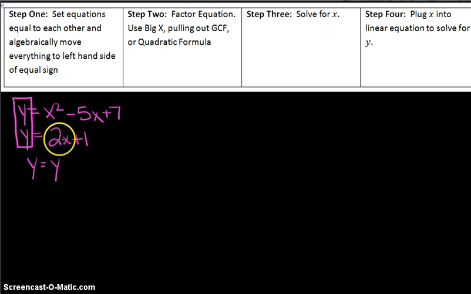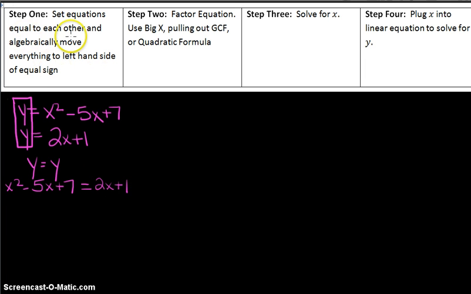So we're simply going to substitute in what y is equal to for this first y. Y is actually equal to x squared minus 5x plus 7. So we're going to put x squared minus 5x plus 7, and then equals, and then the second y. Well, y is equal to 2x plus 1, so I'm going to put 2x plus 1.